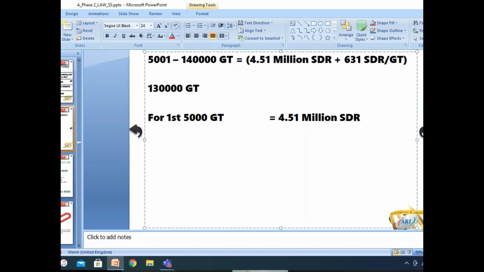Then for the remaining gross ton, how many gross tons are balanced? 130,000 minus 5,000, that is 1,25,000, multiplied by 631. Whatever the total is, that is his liability. Followed? Got it, guys?